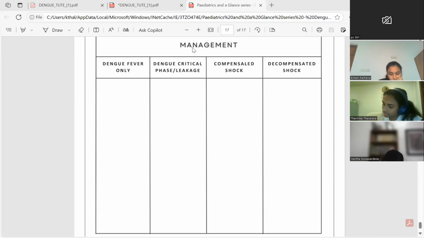Decompensated shock. What is the management? Normal saline 20 ml per kg as a rapid bolus. If no response, go for dextran 40 straight away.